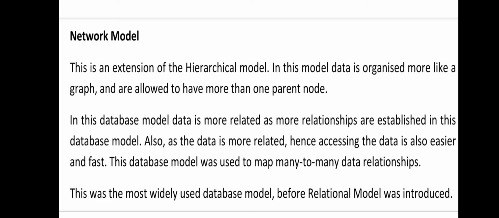So let us see what this means. The first point is that this is an extension of the hierarchical model, and data is organized more like a graph, allowing more than one parent. More relationships are established in this data model, and also data is more related, hence accessing the data is faster.